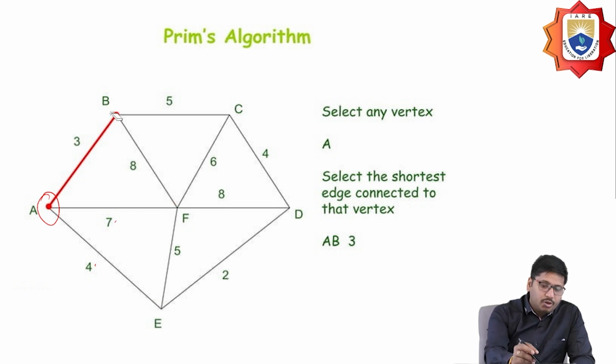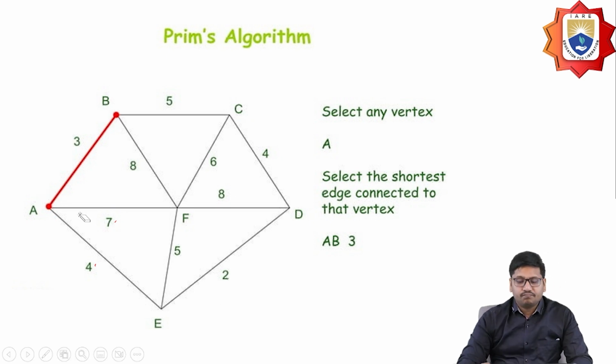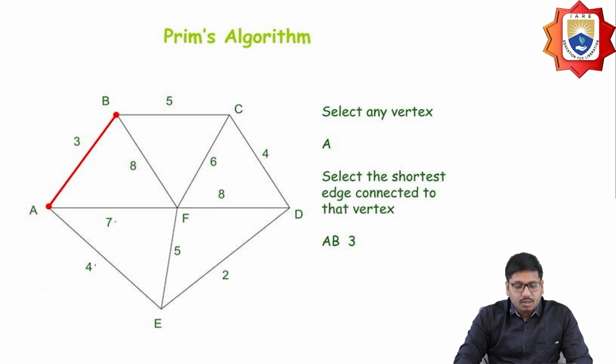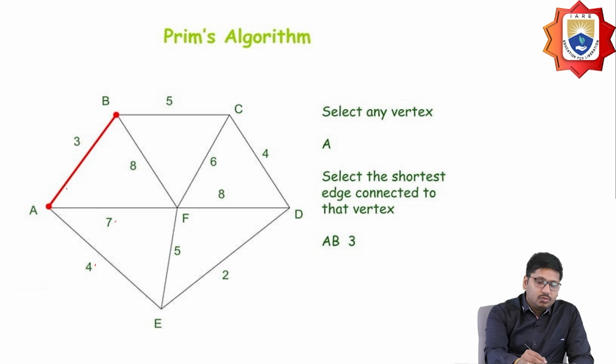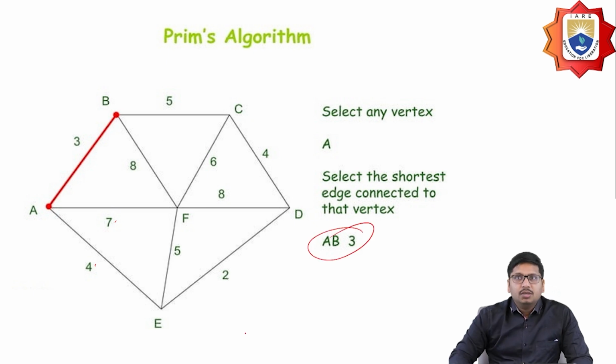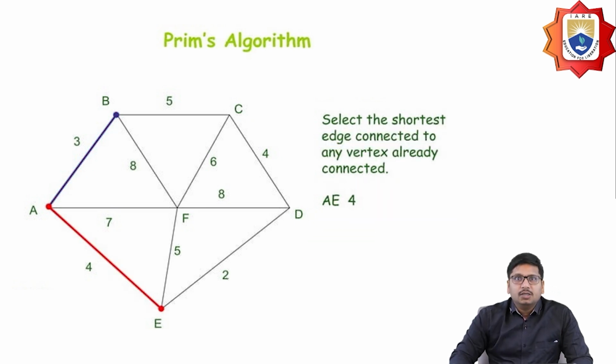So that's what I'm going to say. I have to select in such a way that it should be the minimum one. So AB is going to be considered, and the next one is AE.